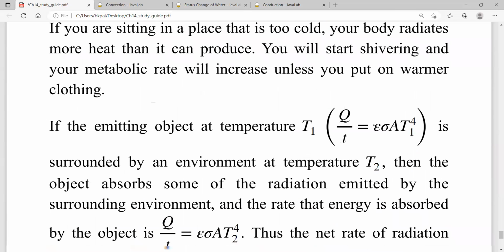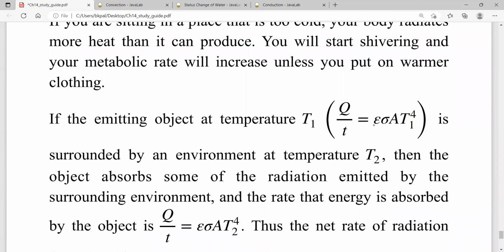Now, let's say we have an object at temperature T1. The rate of heat transfer for that object is Q over T equal to epsilon sigma A T1 to the power 4. Let's say this object is surrounded by an environment whose temperature is T2. If T1 and T2 are different, then the emitting object also absorbs some radiation from the environment.